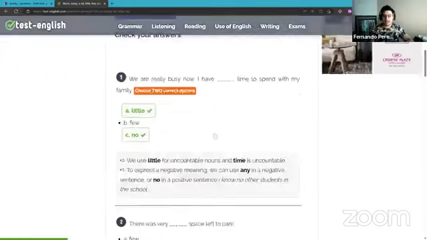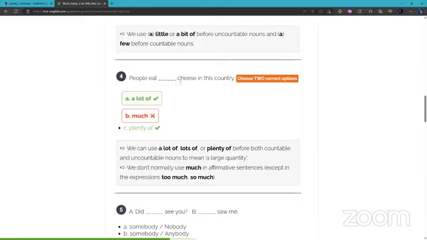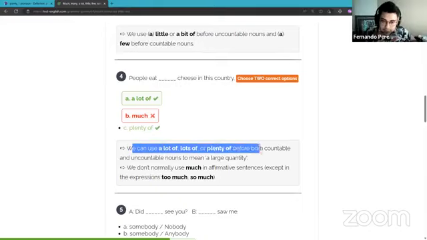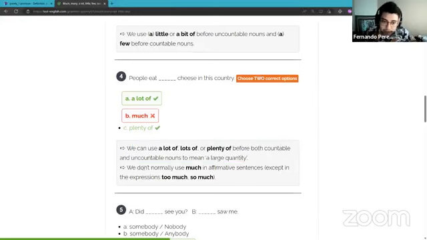My people, look at this. 100%. Let's go. I was very worried about this one, for example. People eat much cheese in this country. We can use a lot of, lots of, and plenty of before both countable and uncountable nouns to mean a large quantity. We don't normally use much in affirmative sentences, except in expressions too much and so much.